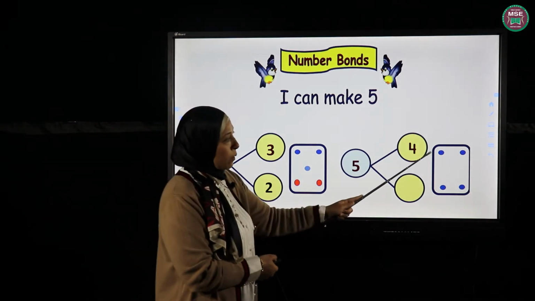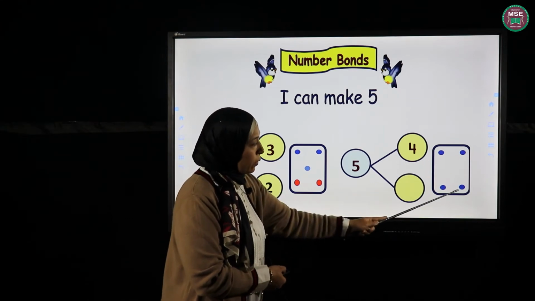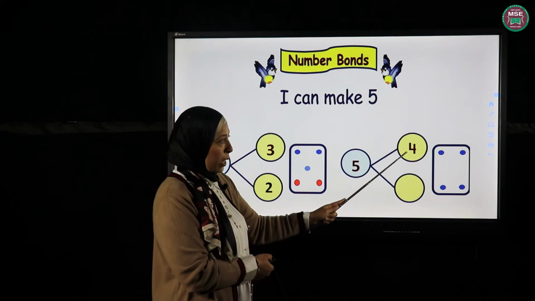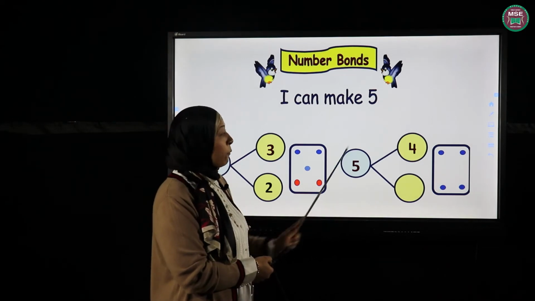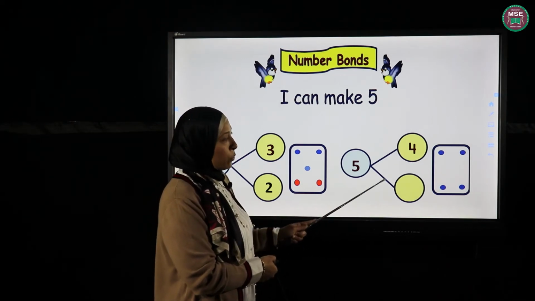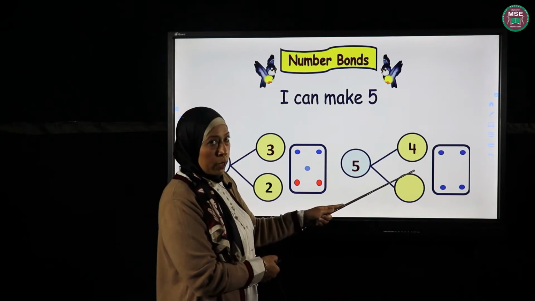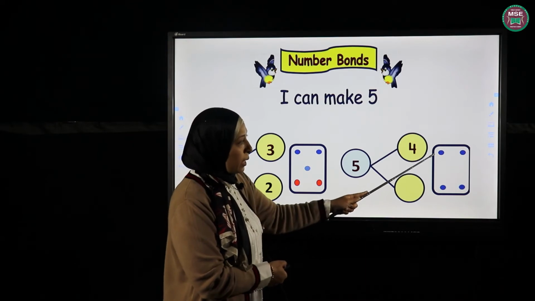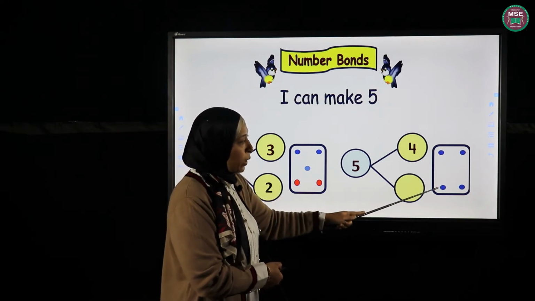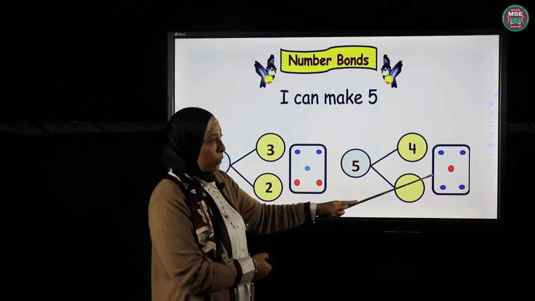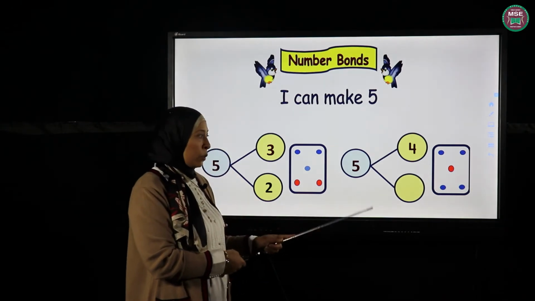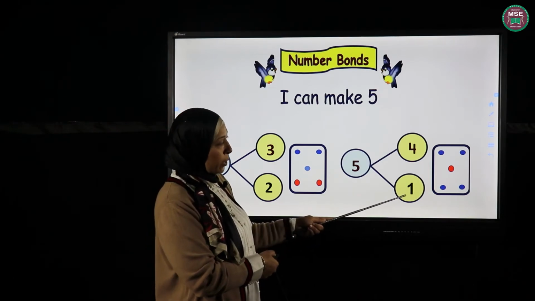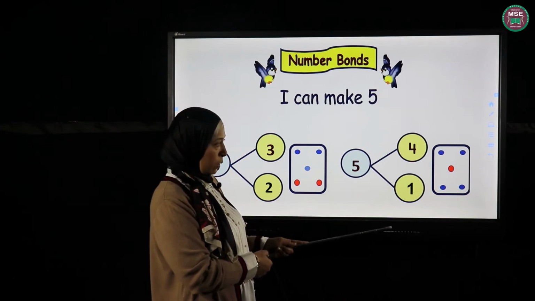Look at the card, the blue dots are 1, 2, 3, and 4. 4 dots, just like part 1, we have 4, and I need to make them 5. So I'm gonna draw. How many more dots do I need to draw? Yes, I only need 1 more. Let's see, 1, 2, 3, 4, and 5. So I needed only 1 more dot to get a whole number 5. So in the empty part, we are going to just write number 1.